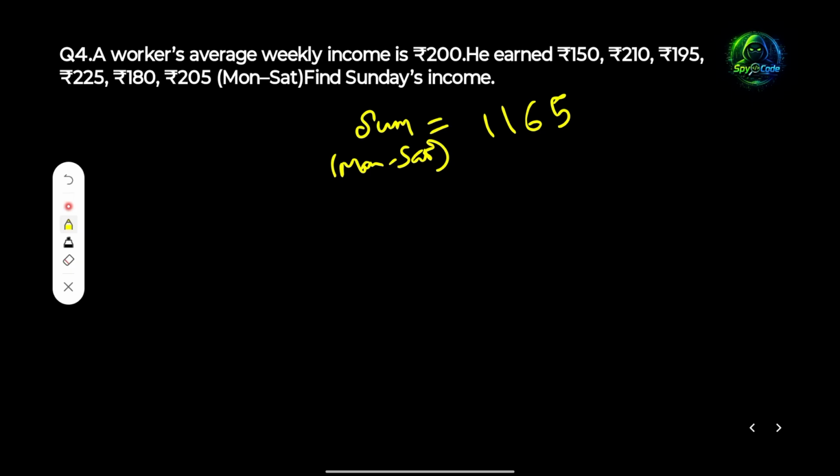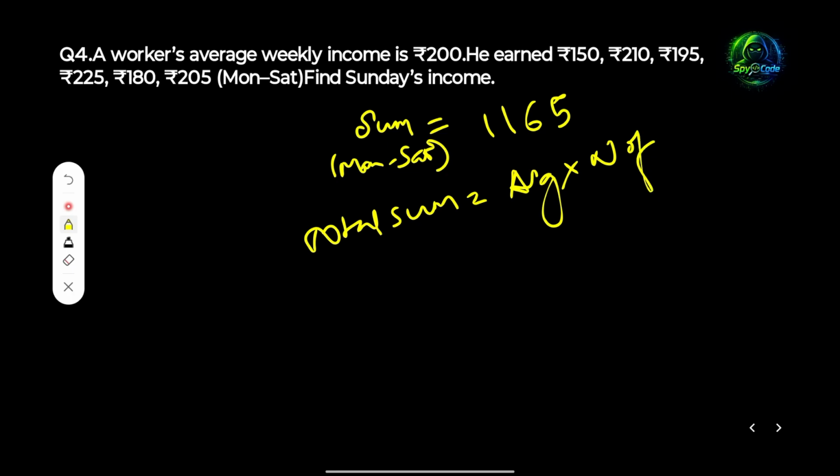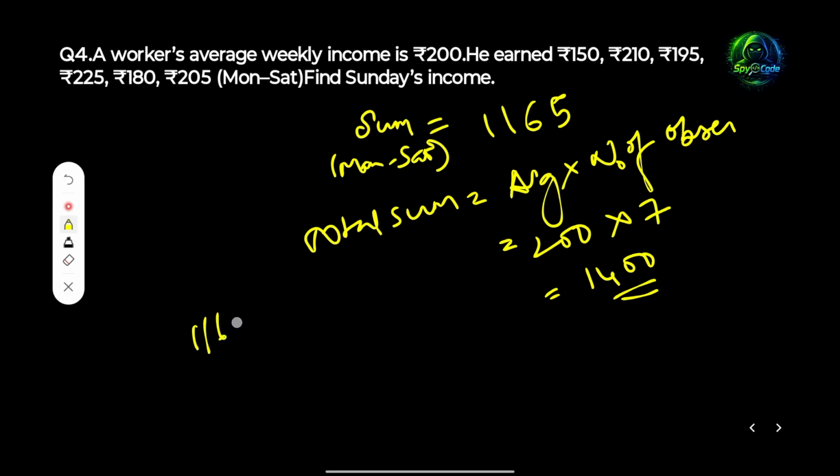The total sum is average times the number of observations. The average is 200, and in a week there are 7 days, so multiplied by 7, 1400 is the total sum. Monday to Saturday it's 1165.